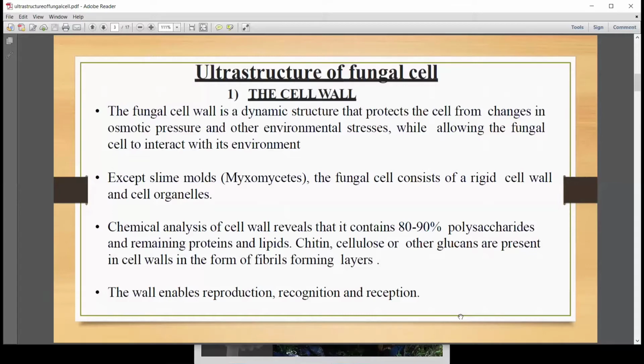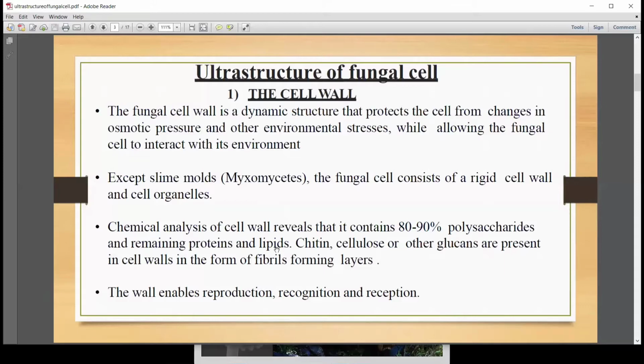Chemical analysis of the cell wall reveals that it contains 80 to 90% polysaccharides and the remaining proteins and lipid.